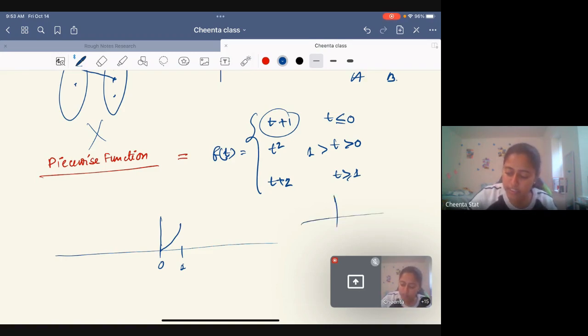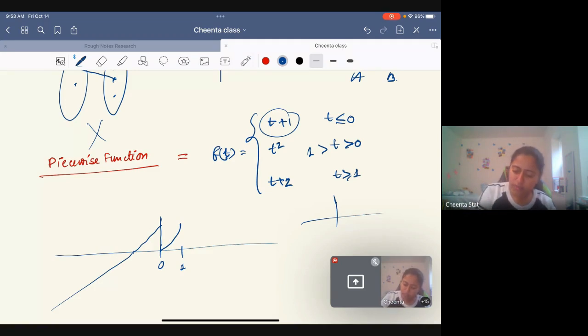So what is t plus 1? For t equals 0, y is 1. Yeah, this is the equation.